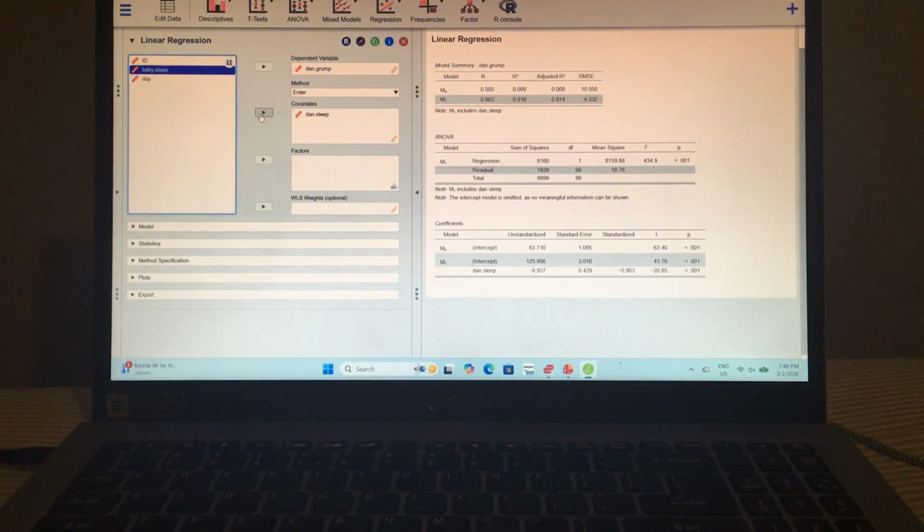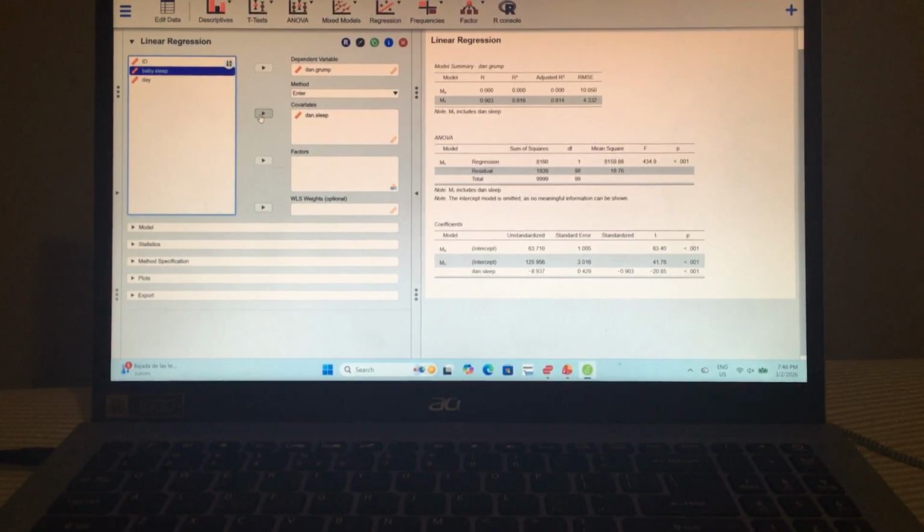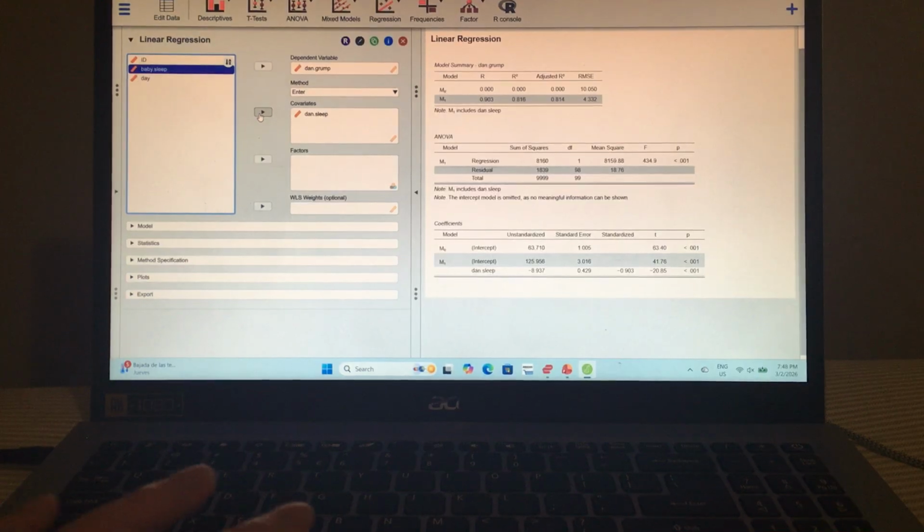So it says linear regression, and we have the model summary for Danny Grump.